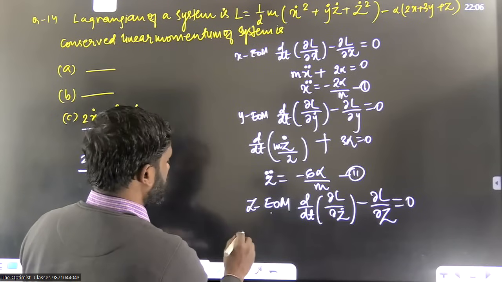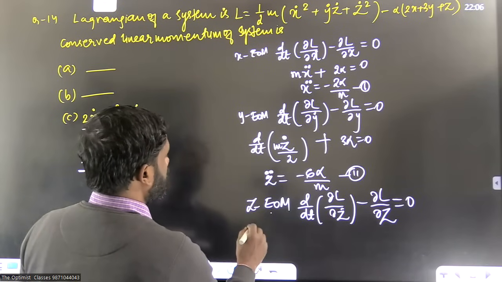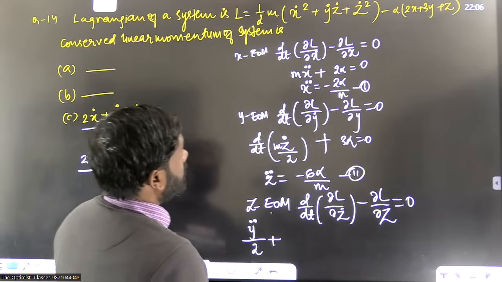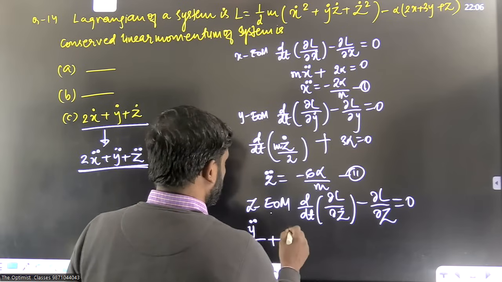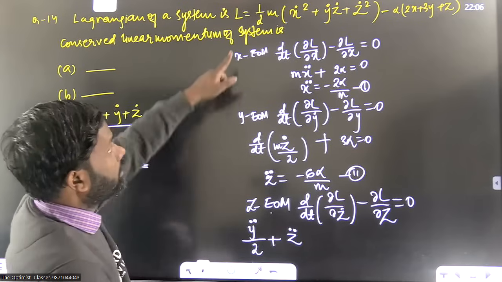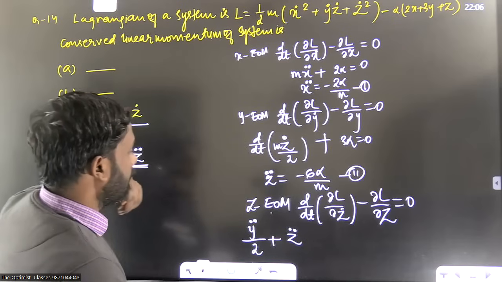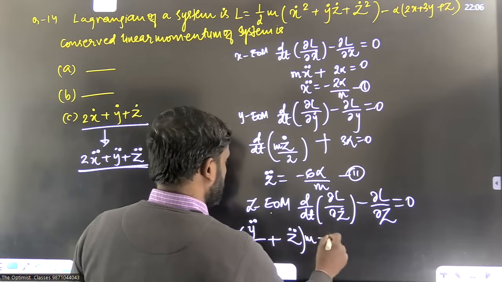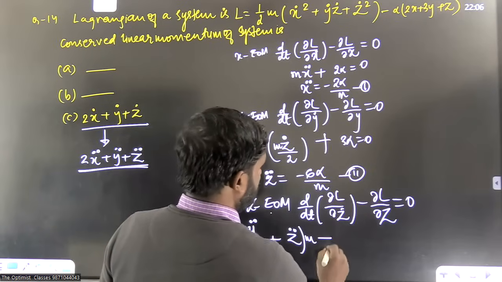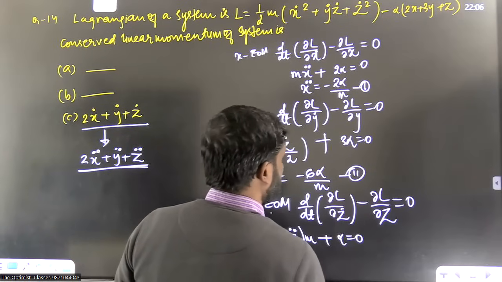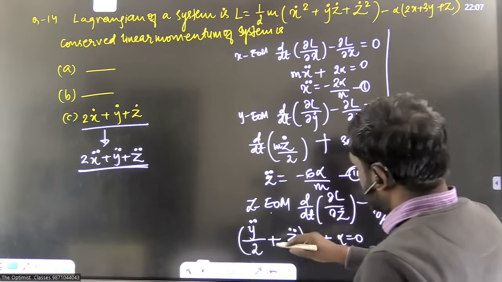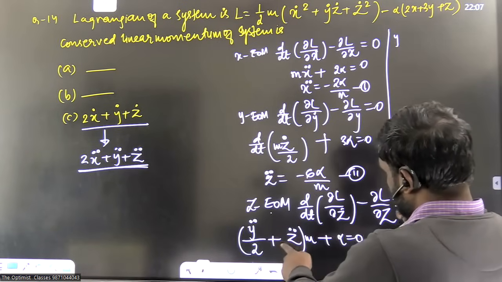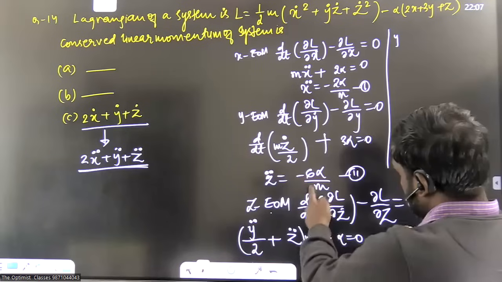So when you differentiate it, the first term gives you y double dot divided by 2 plus the second term gives you z double dot, because the 2 factor will cancel out with this factor. And there is a factor of m also, plus this side you get here alpha, that is equal to 0. So when you do the calculation, we put z double dot from here. So this is minus.